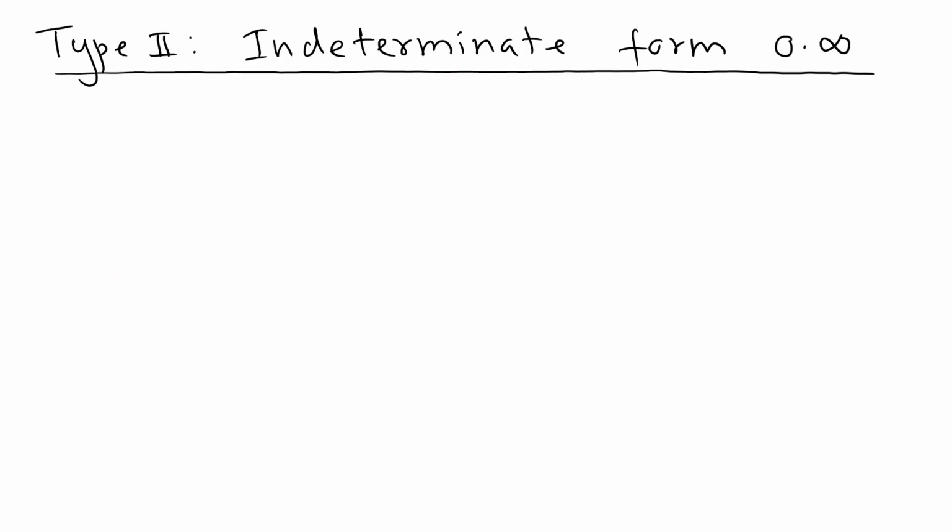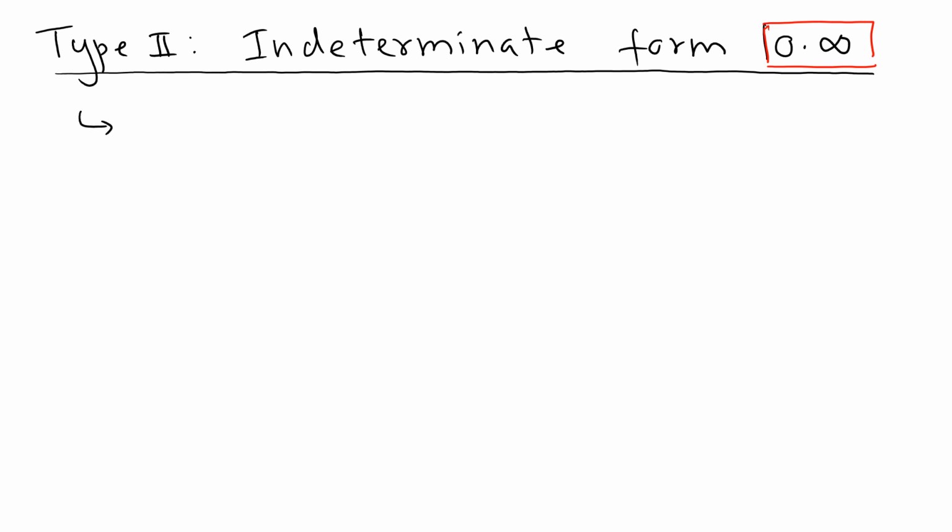As type 2, we have the indeterminate form 0 times infinity. In this case also, it's not clear what's going to happen, because one is going to 0, one is going to infinity. So we don't know which one is going to win. If you get something like that, we have several steps.